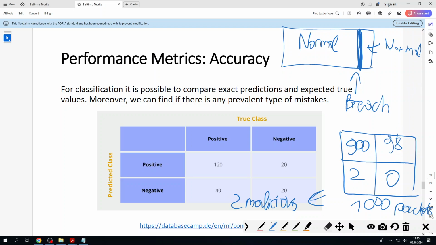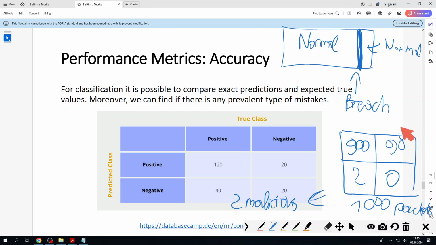So, just wait a moment. No, it's opposite. Sorry, because the true class is on the x-axis, which means true class was positive. That's correct, and the predicted was negative. No, it was correct.